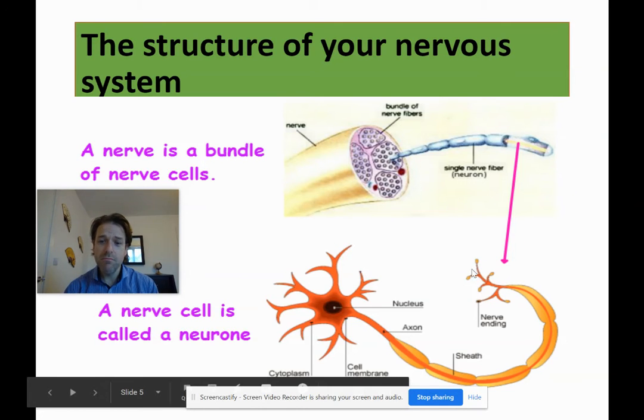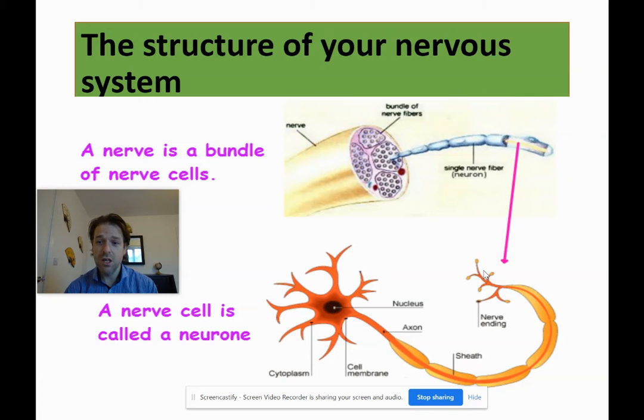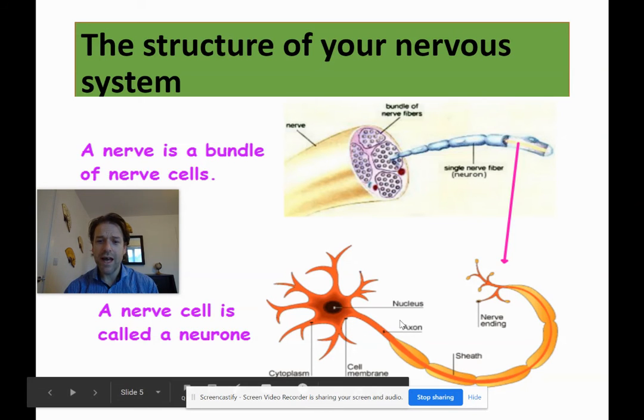And then it ends with some more connections, some nerve endings. This long stretch is called an axon, and that's a key term you want to learn. And in most cases, your neurons are surrounded by a fatty sheath, here, which just wraps all the way around.